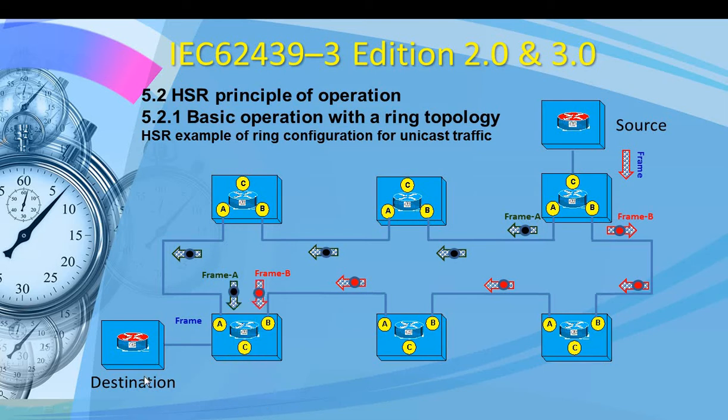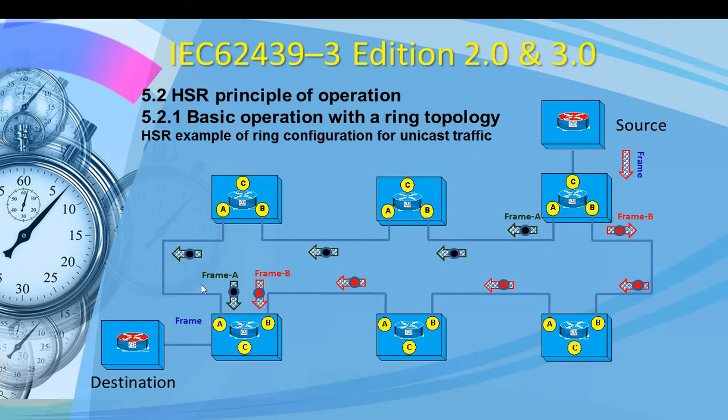The red box that the destination host is connected to will receive exactly 2 copies of this frame. We call them frame A and frame B. The only difference between the 2 frames is the HSR tag.